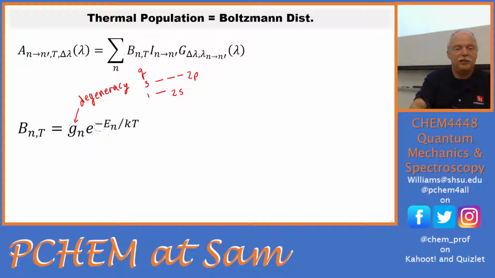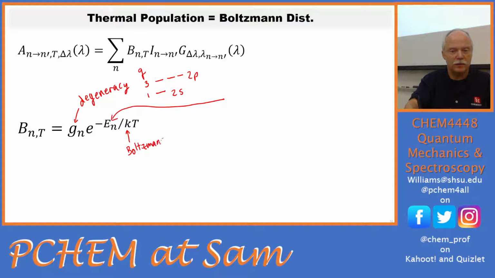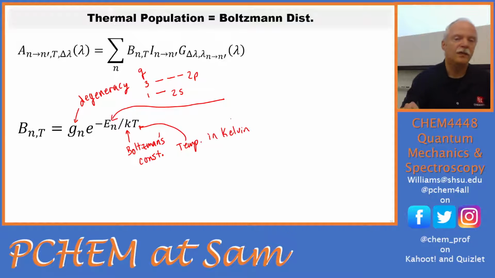Then there's the exponential dependence upon the energy of the electrons, this energy term, divided by kT. So this is Boltzmann's constant, and the temperature in Kelvin. It's kind of interesting.